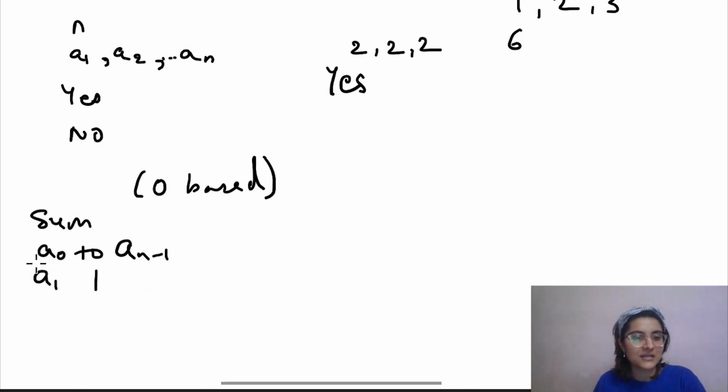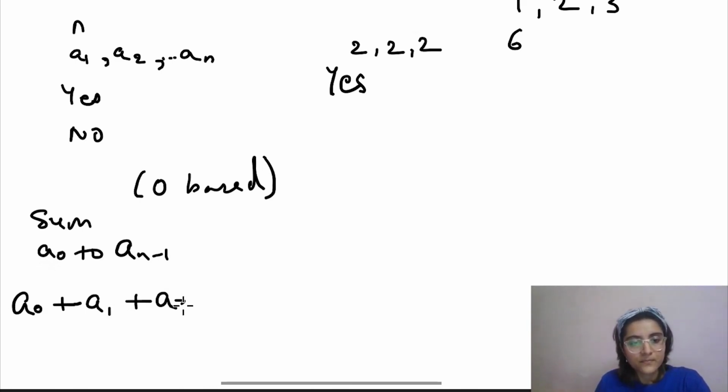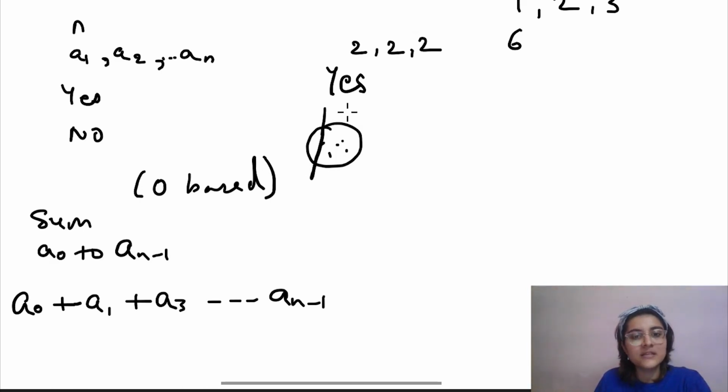It's better for understanding in any language, since indices usually start from 0 and not from 1. So I'm going to find the sum of all the candies, the total number of candies that each of them has. Once I have the entire group of candies, I need to divide it into n equal parts, right?